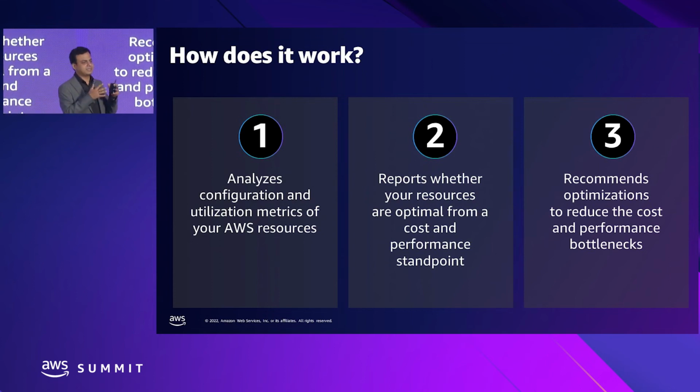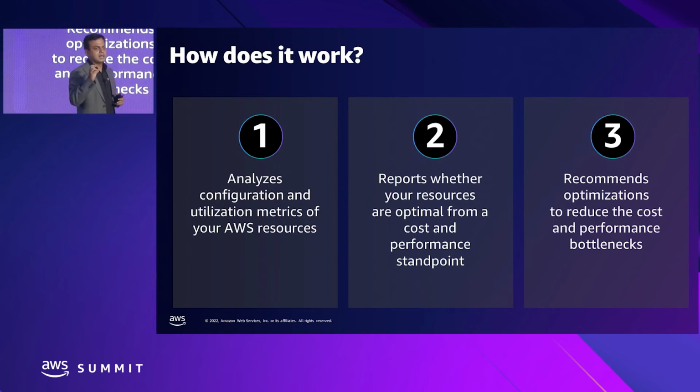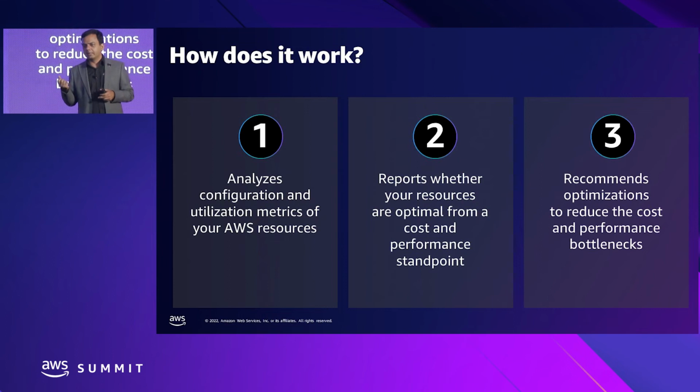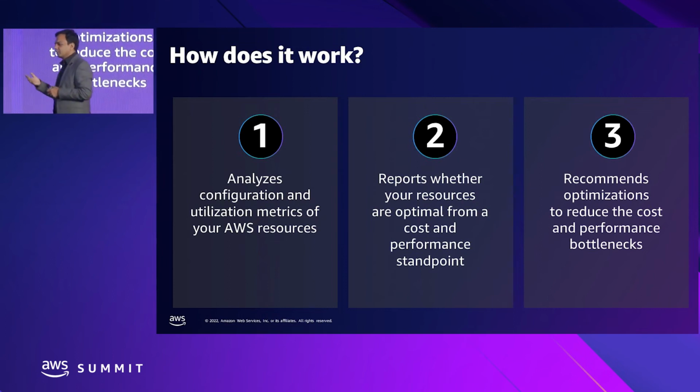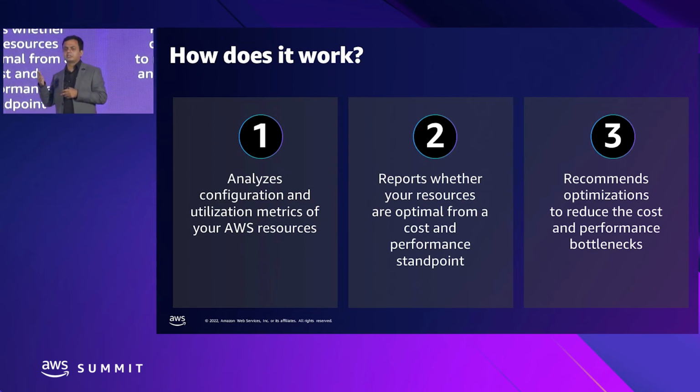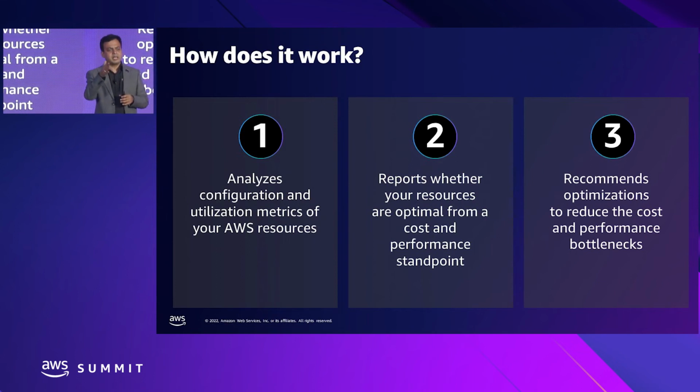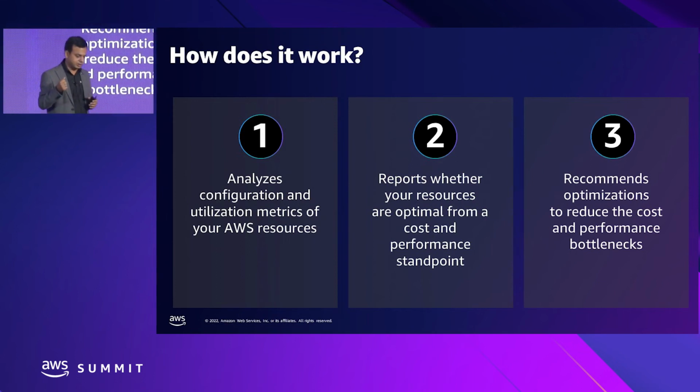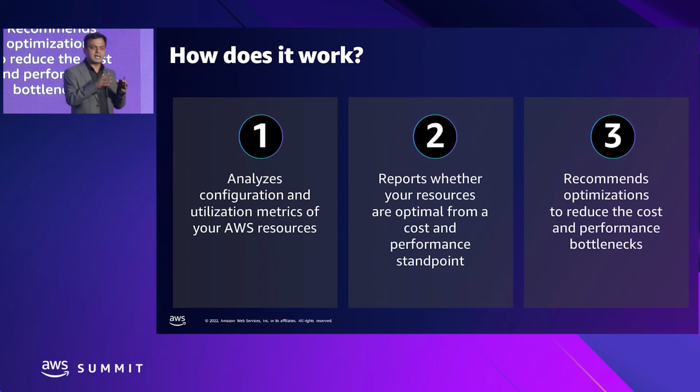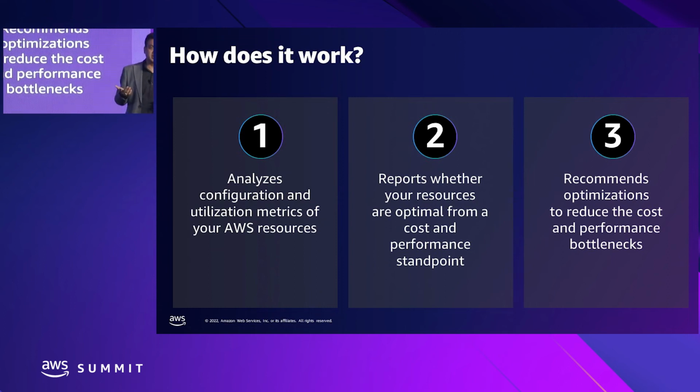Recommendations with respect to right-sizing your EC2 instances, selecting the right kind of EBS volumes, the storage volumes that you have, also considering network utilizations, and some of the serverless services that we have. We'll see in some screenshots that it analyzes, reports, and then gives the recommendations.